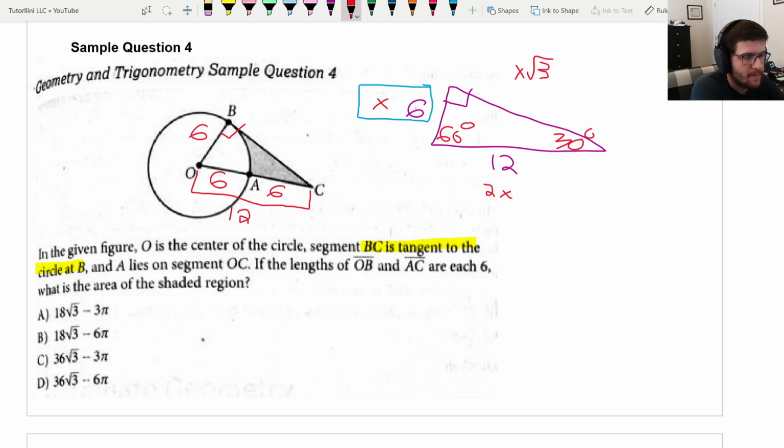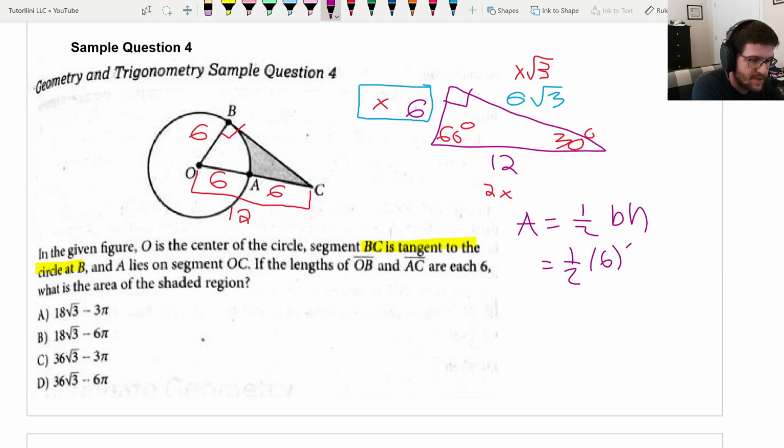So if he's 6, then this guy is 6 root 3. Okay, now we've got to find the area of the triangle. The area of a triangle is 1/2 base times height. The base and height of a right triangle are both the legs. So we're going to do 1/2 times 6 times 6 root 3.